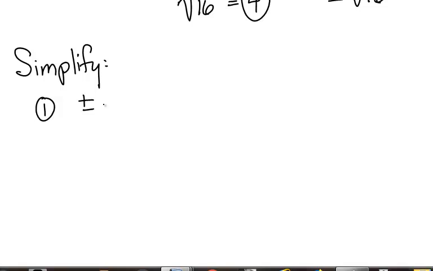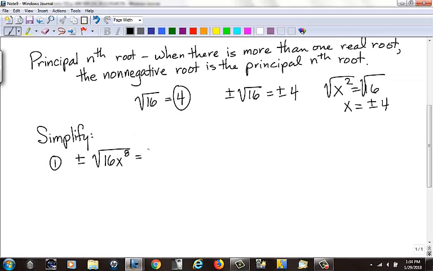Say they had positive or negative square root of 16x to the 8th. To simplify that by working it the long way, I would break that x to the 8th up, and look at whatever this index is. If that index is a square, then I'm going to break that x to the 8th up into x squared times x squared times x squared, and one more x squared.